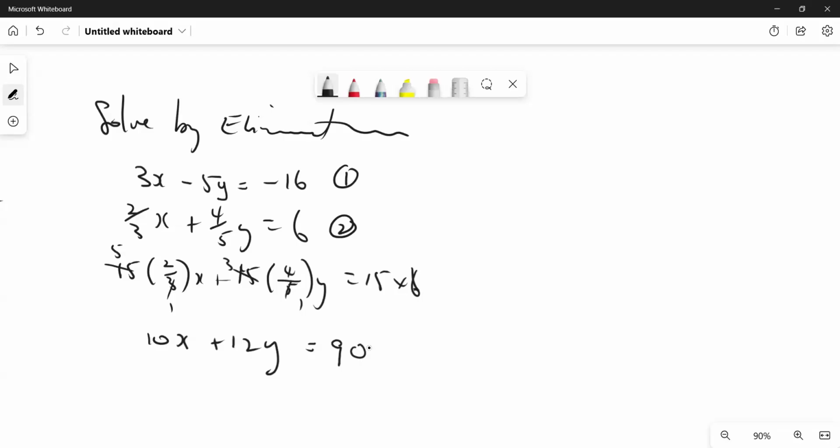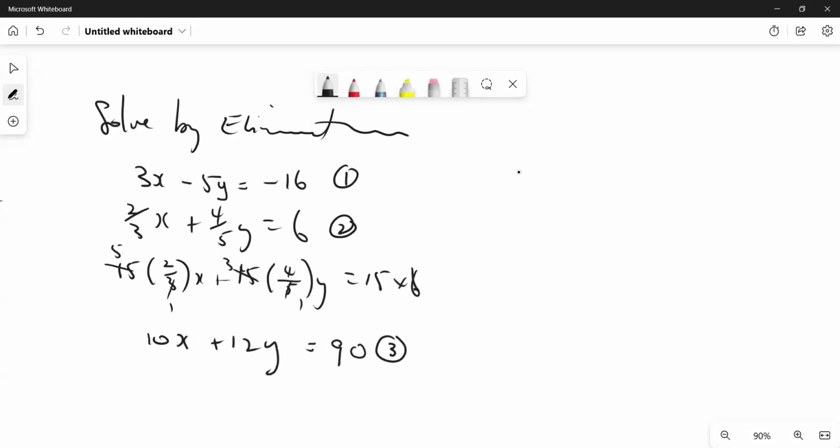Good. So now we have something, well, it doesn't look so bad, right? No fractions. Let's call this equation 3. Good. So we got some equations that we can work on.